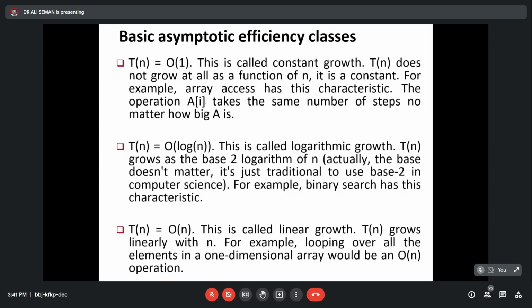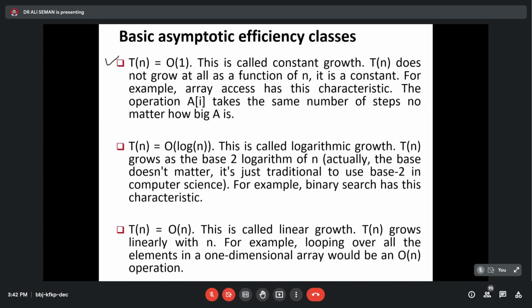In real-world problems, there's hardly any algorithm that falls under this O(1), but under the efficiency analysis or basic efficiency class, this is actually the first class, meaning from the lowest. And the second is T of n equal to big O of log n. This is called logarithmic growth.